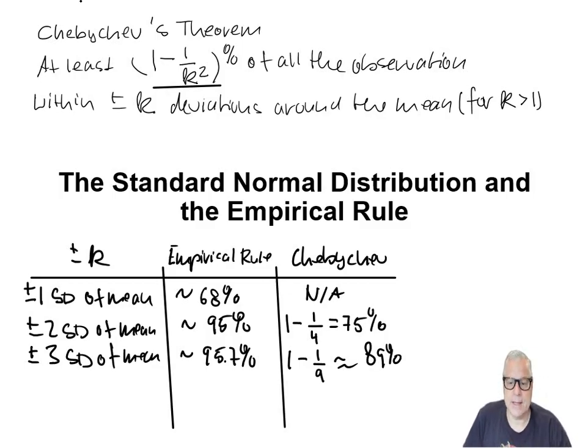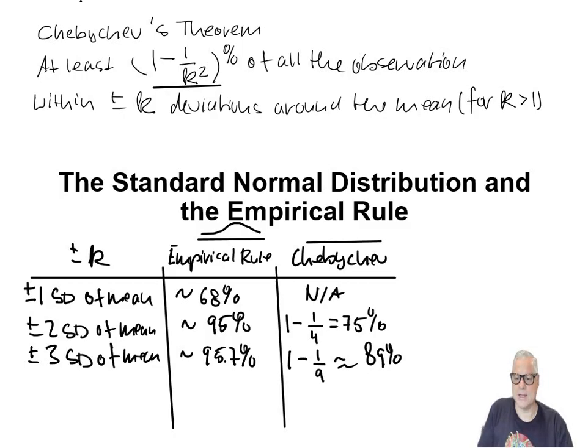And Chebyshev's theorem is clearly more robust than the empirical rule, because the empirical rule requires that we have some kind of a normal distribution, whereas Chebyshev's theorem applies to any kind of distribution, even something which is maybe skewed like this.